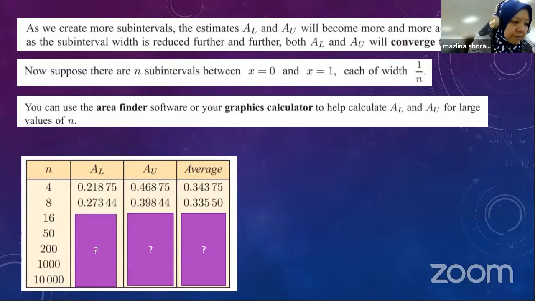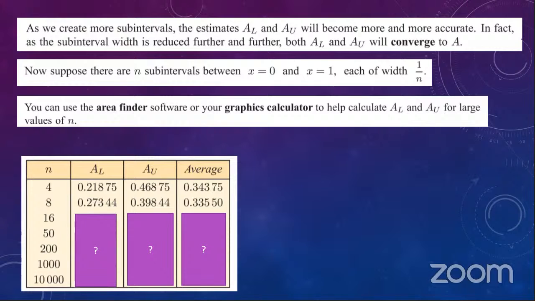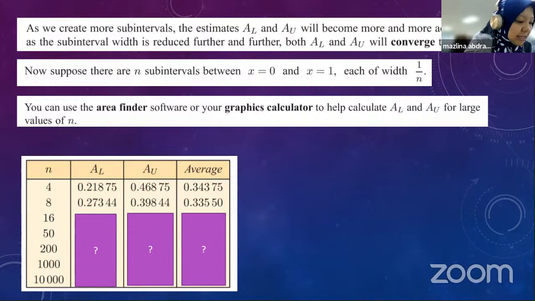Okay, and then press menu and then select calculus, number 4. Class, are you with me? Yes, teacher. You can follow my instruction. So press menu just now and then select number 4, the calculus, and then select number 3, sum.